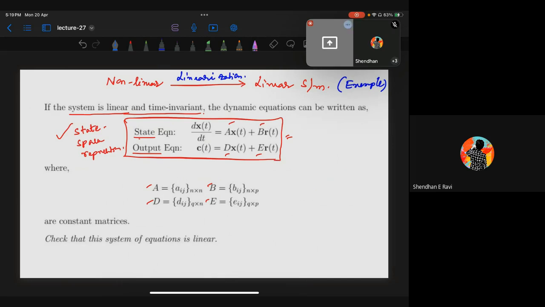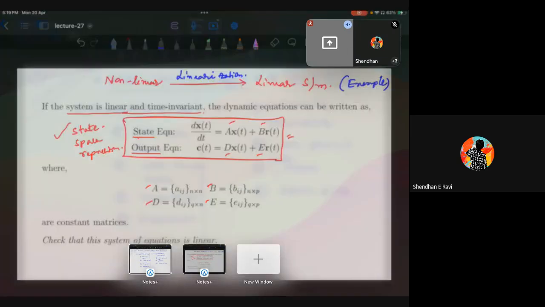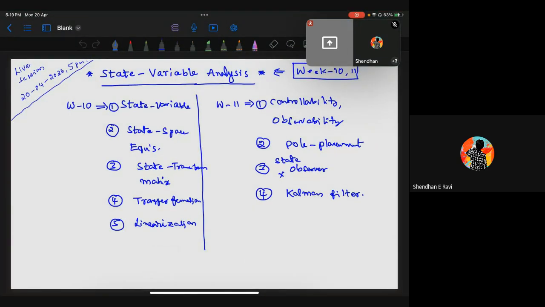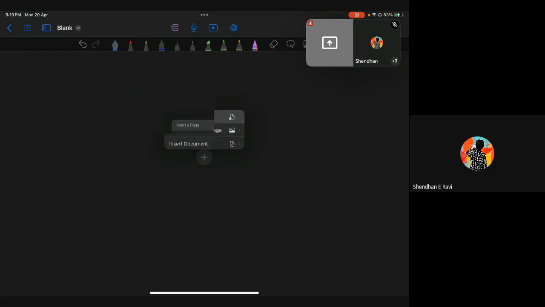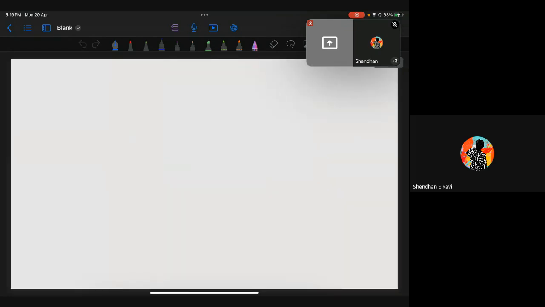Let me take one example. Let's take a simple RLC circuit.